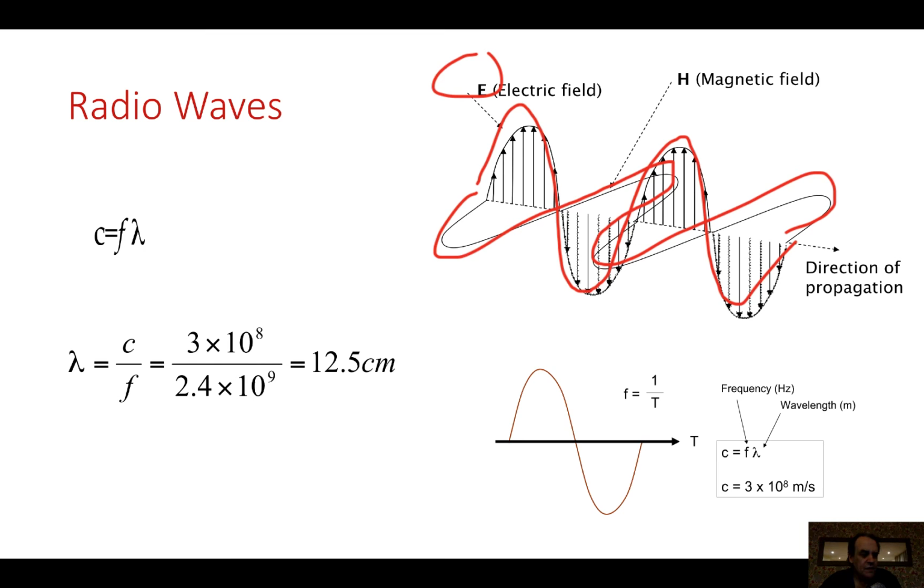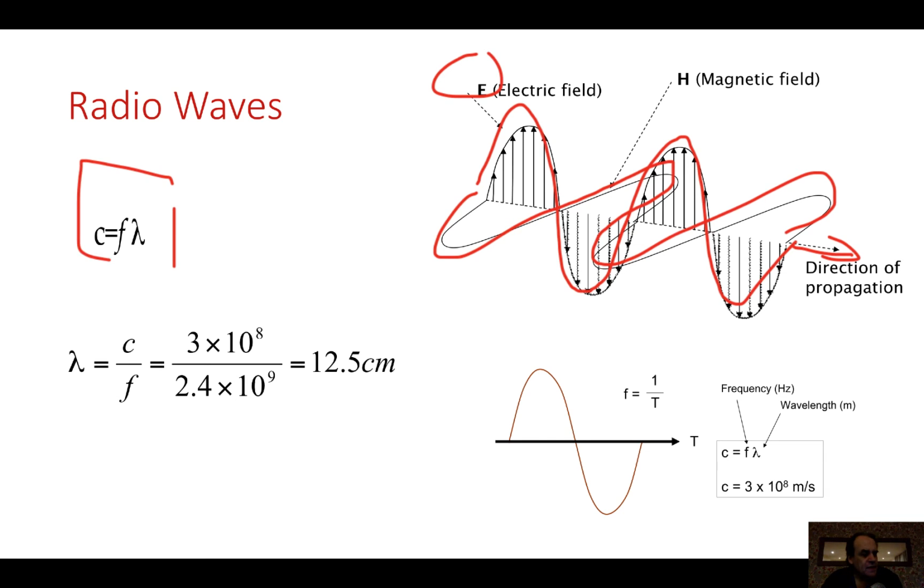The E field moves at right angles to the magnetic field, and then we have a direction of propagation. This is known as the right-hand rule: the direction goes perpendicular to both of those fields.